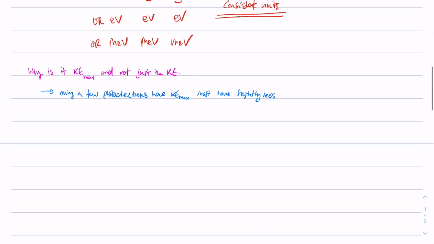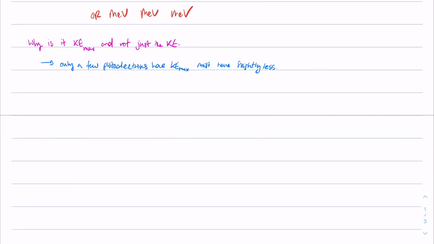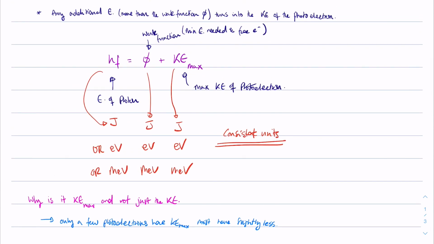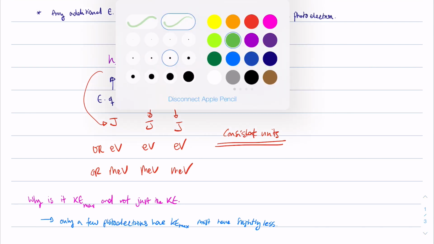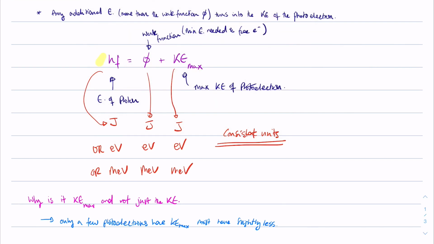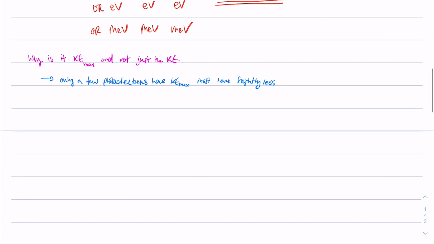And so we may plot a graph of all of this. So if I was to take my equation as above, this photoelectric effect equation, that's a key equation, let's highlight it.